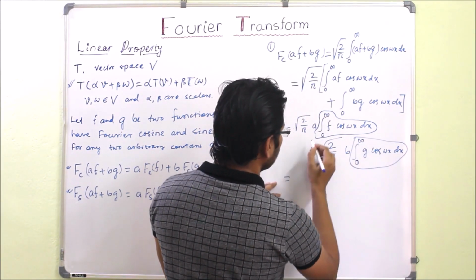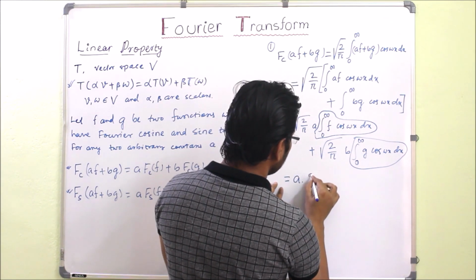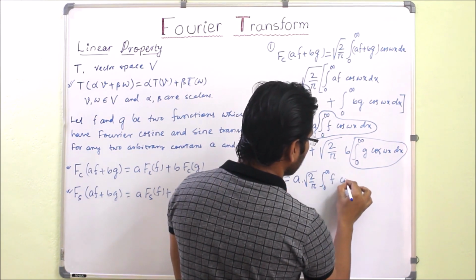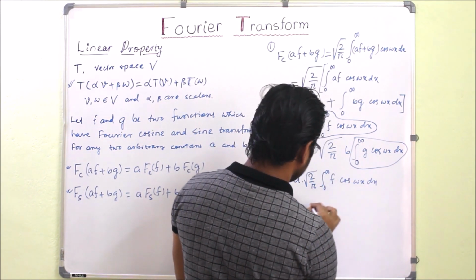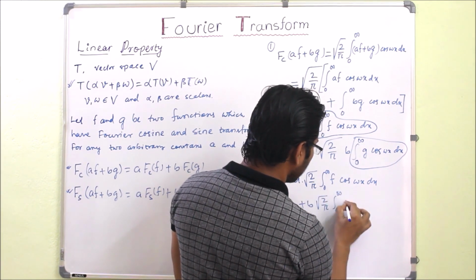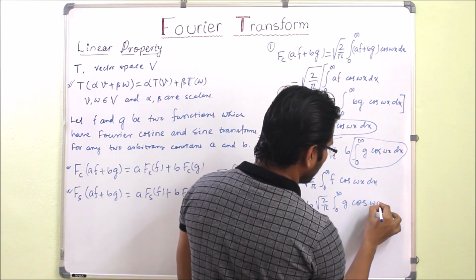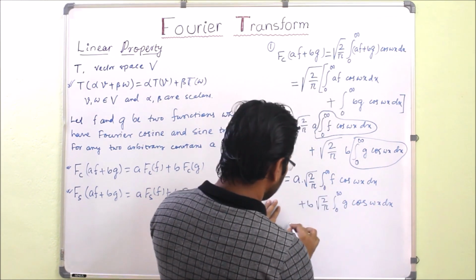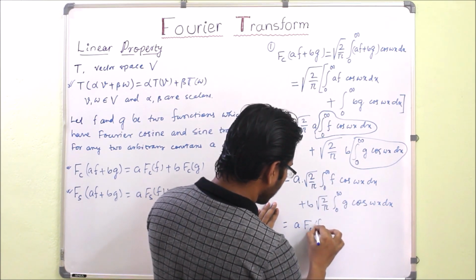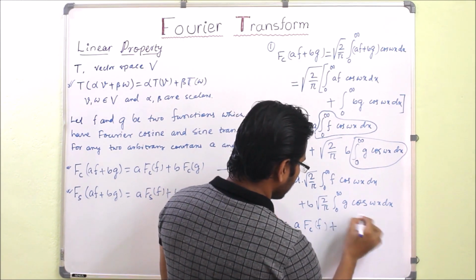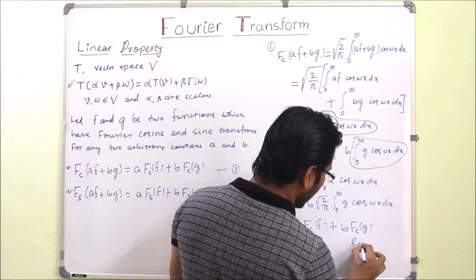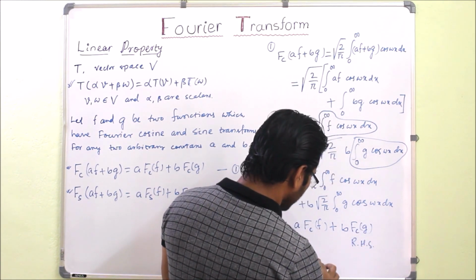So we can write A times square root of 2 by pi, 0 to infinity f cos WX dx, plus B square root of 2 by pi, 0 to infinity g cos WX dx. So this total is A into FC of f plus the second one B into FC of g. So this is our RHS, and now it is proved.